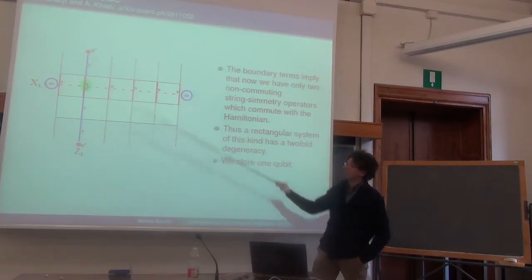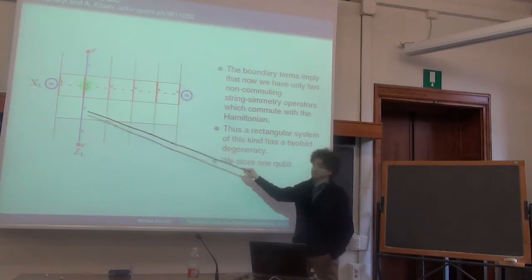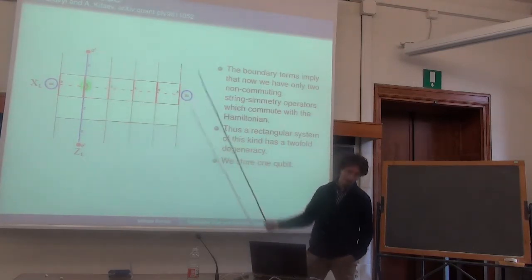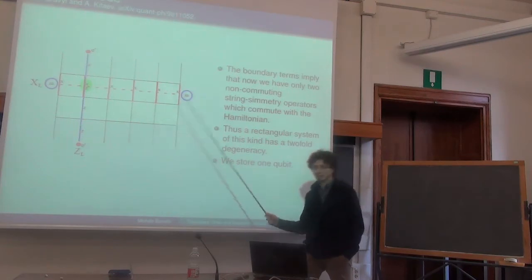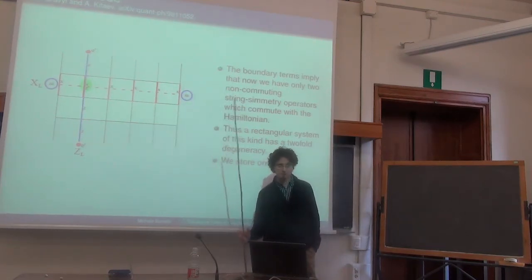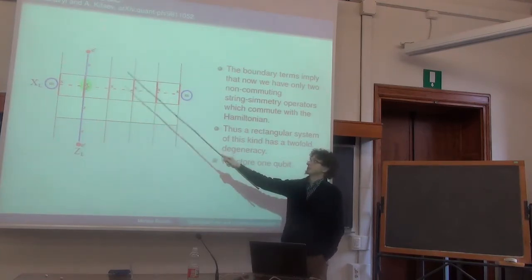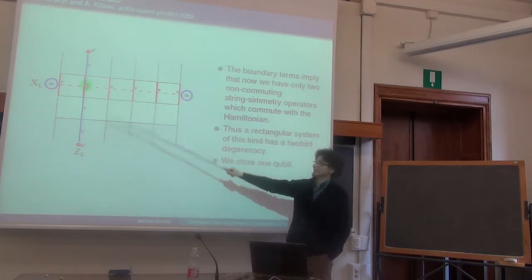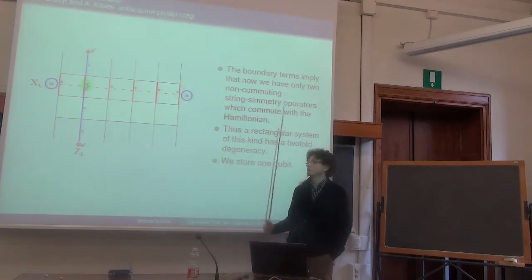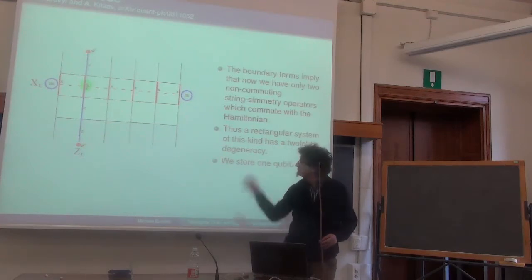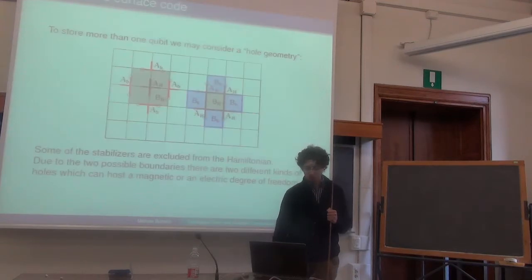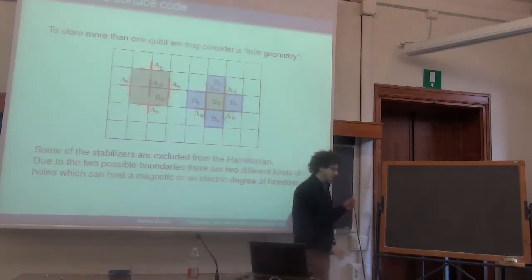As before, you can deform these string symmetries by applying local elements of the stabilizers, but still we are dealing with the ground state, so all the terms of the stabilizers are equal to 1, and this amounts just to translating this string in another parallel way, or deforming it in some topologically trivial way.